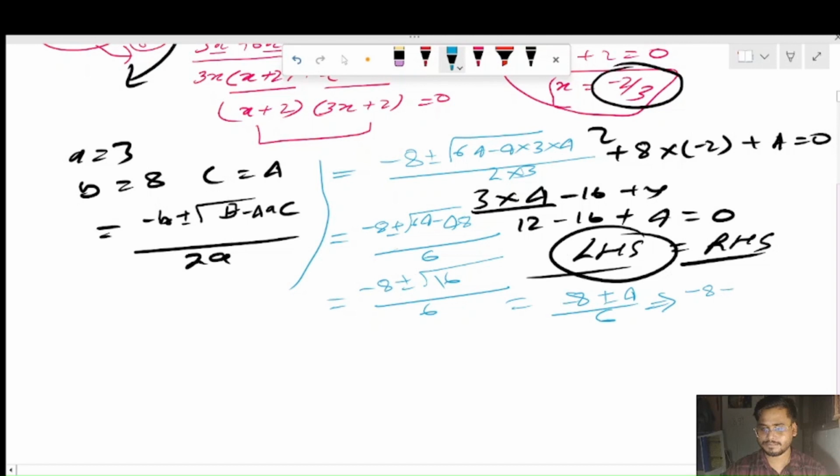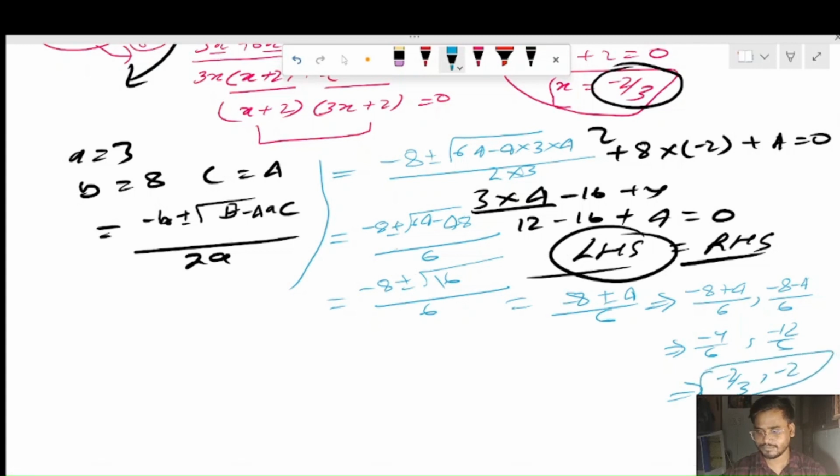Minus 8 plus 4 is minus 4 by 6, and minus 8 minus 4 is minus 12 by 6. It will become minus 2 by 3 and minus 2.